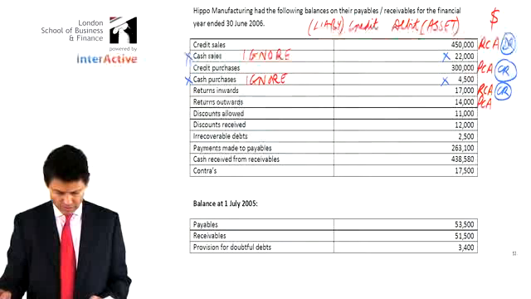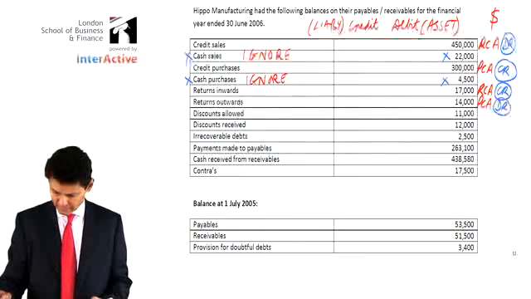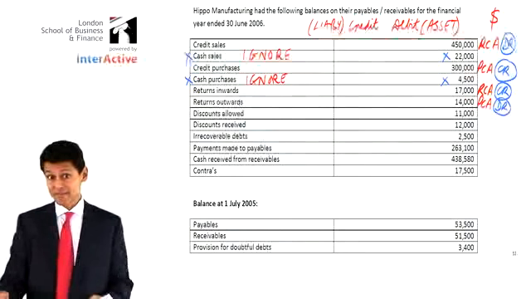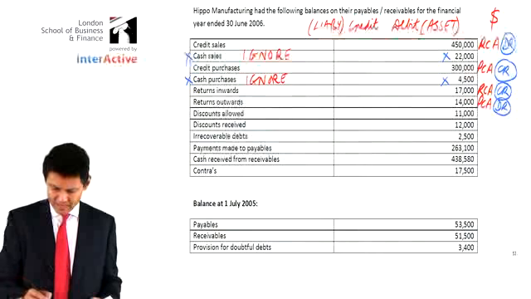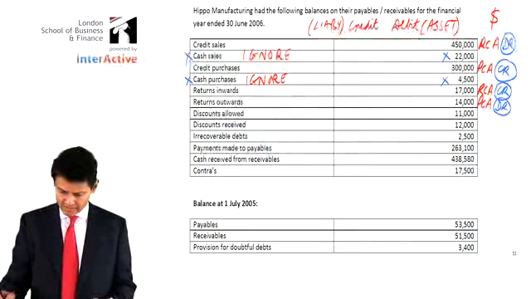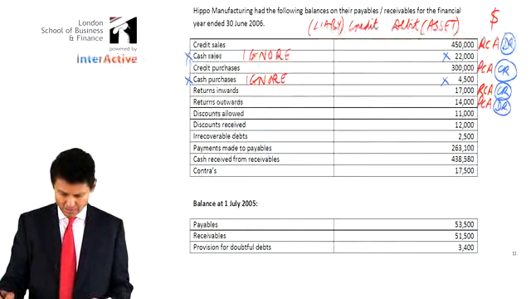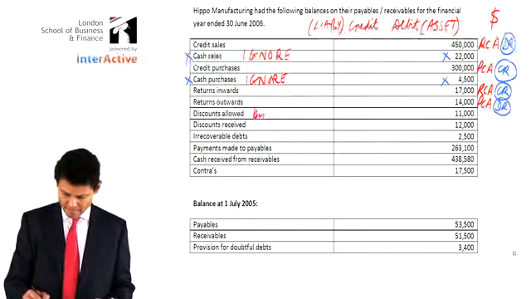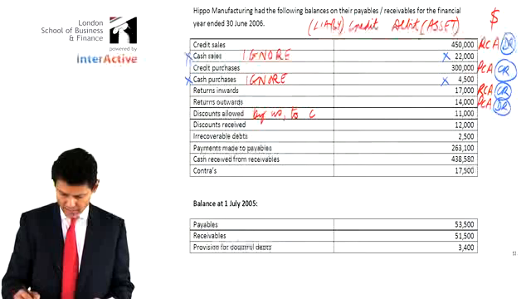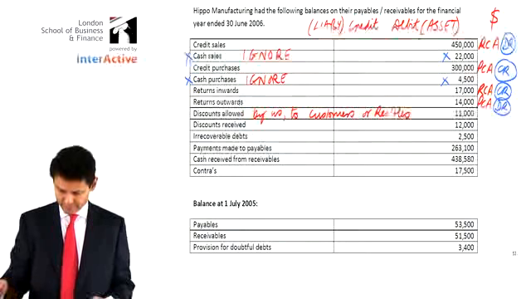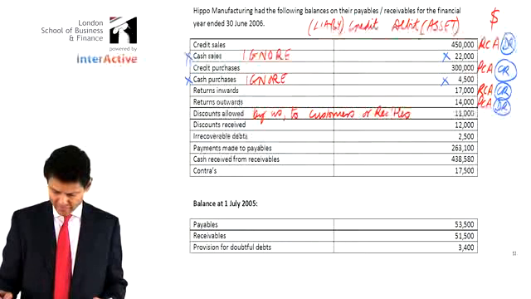And that should go on to the debit side, because you're trying to cancel what is essentially a credit type of item. Discounts allowed, similarly, discounts allowed by us to customers, or receivables. So that obviously goes to the receivables control, RCA, and that should be a credit item.